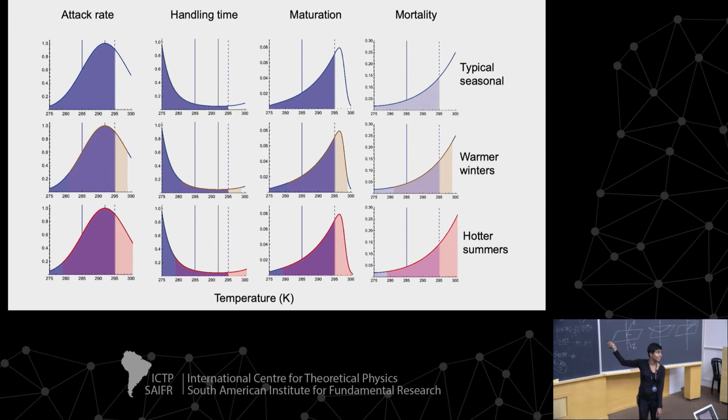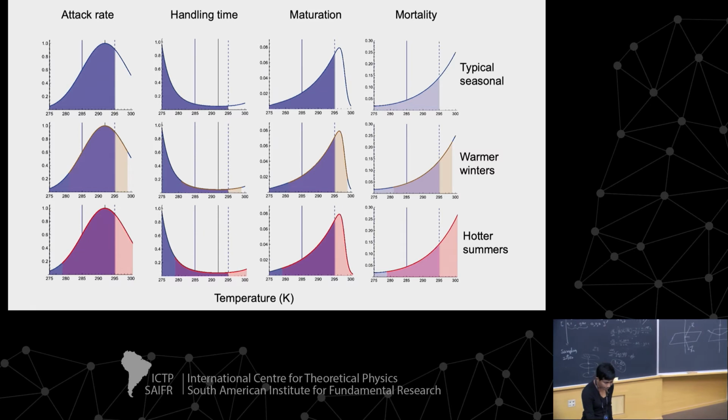It's experiencing this new area, so under warmer winters it's here, under hotter summers it's actually experiencing this part of the thermal response. Now compare this to this. Now it's in this realm where maturation is rapidly declining with increasing temperature, and mortality is rapidly increasing with increasing temperature. And the effect is worse when summers are hotter compared to warmer winters.